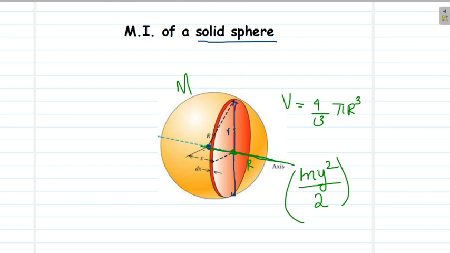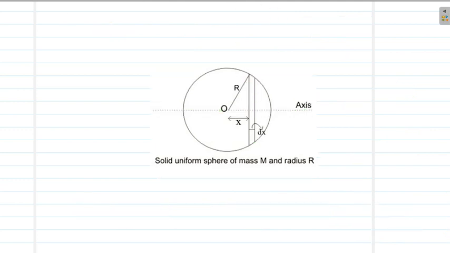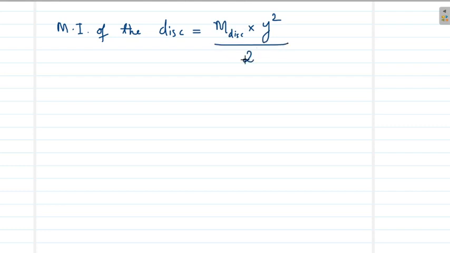So that is the moment of inertia of the disk in this case. So when we substitute, we have the mass of the disk and we have the radius, which is again y. So substituting for that, moment of inertia of the disk is equal to mass of the disk multiplied by radius of the disk, which is y squared divided by 2.